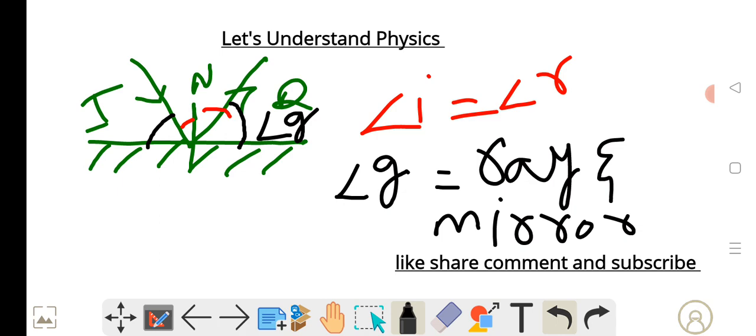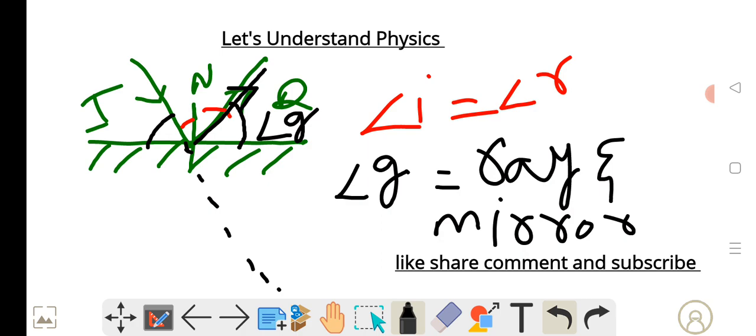Now next, if you are not considering this mirror, this incident light might travel like this in a straight line. But because you have kept a mirror, which is an obstacle for the incident light, the light is deviating from its actual path, isn't it?